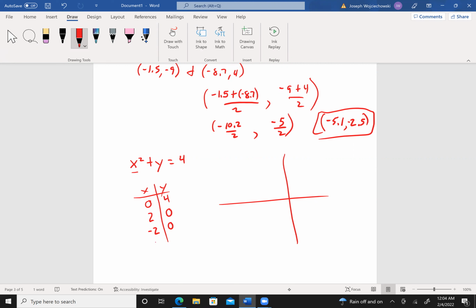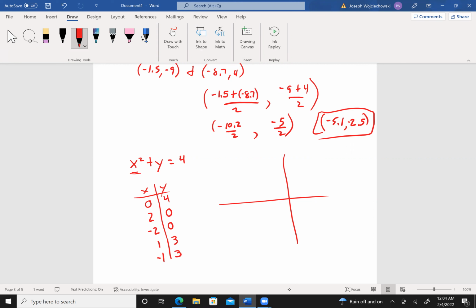And let's go ahead and put 3. Actually, let's put 1 and negative 1. If x is 1, this is 1. Subtract it, and we get 3. If x is negative 1, this is still 1, and we get 3.